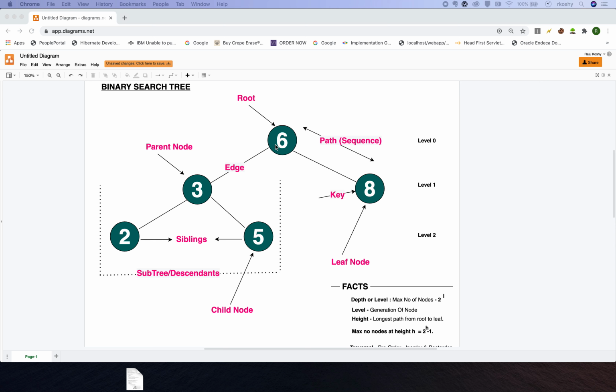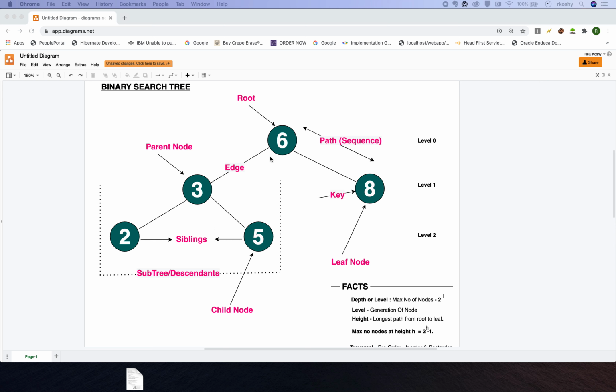When we evaluate the height of a tree, we will look at the longest path starting from the root, starting from the seeds. We will look into the longest path from start node 6 to the end of the tree, or by looking into the leaf. From root to leaf, what will be the longest path? That will be the height of that tree.